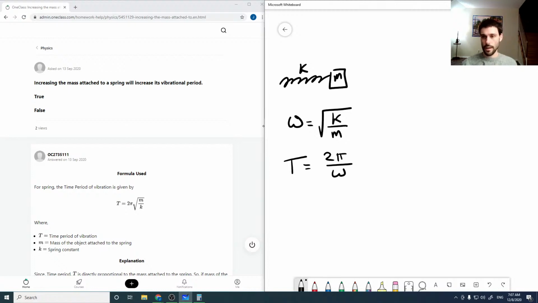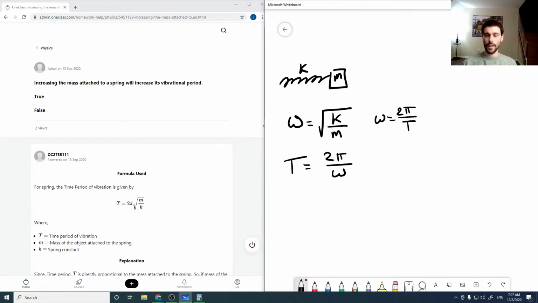Or another way of saying it is that our omega is 2 pi over its period, which we can then solve for the period. And the question's asking if we increase the mass, will it increase its vibrational period?